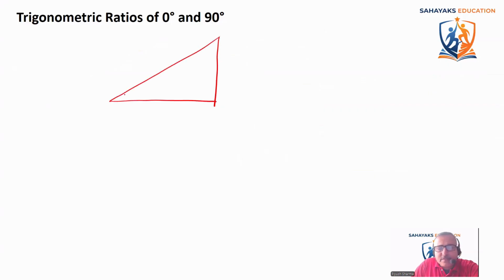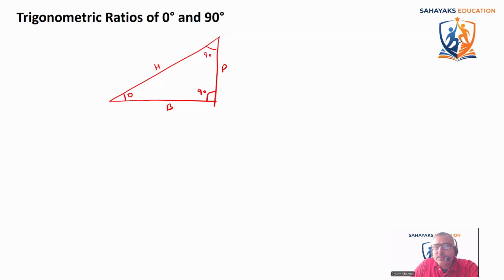So we mentioned this was 0 degree earlier, and with the 0 degree, we found the perpendicular, base and hypotenuse. So if this angle is 0 degree, what is this angle? This angle will be 90.